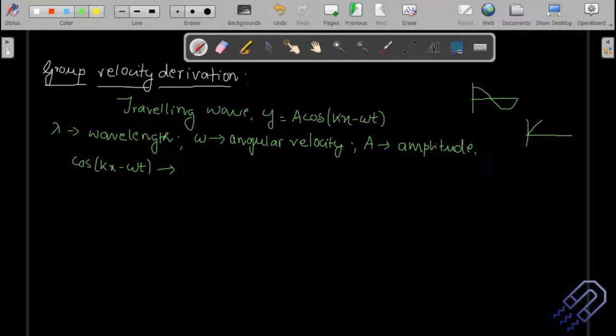Sin 90 is maximum, 1, so it will go here, and then it will go like this. Something which you already know. So whether we are representing it by a cos function or a sine function will define the shape of that wave. So this will define the overall shape of the wave.